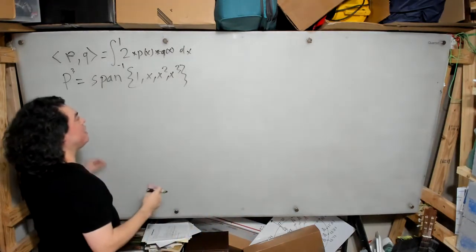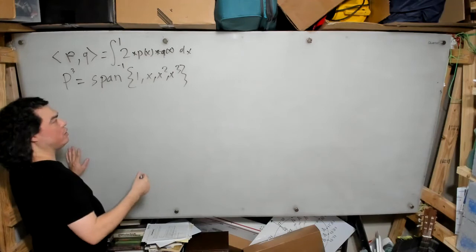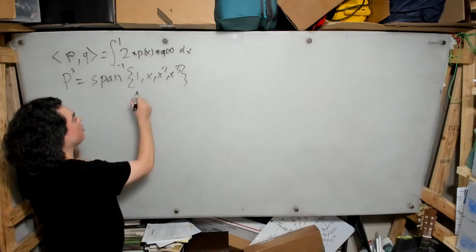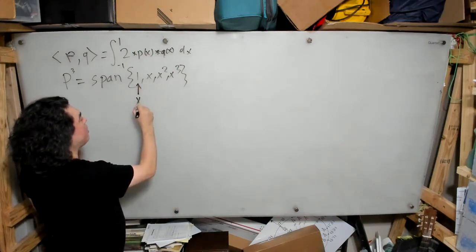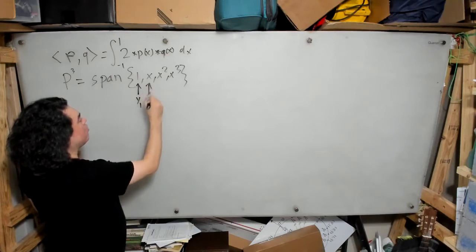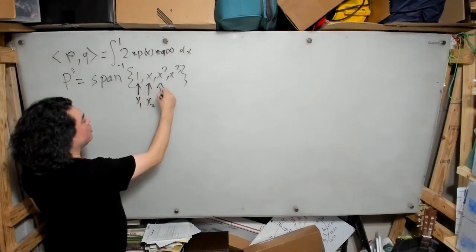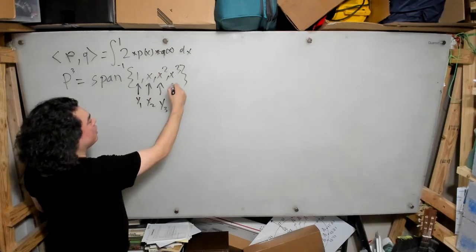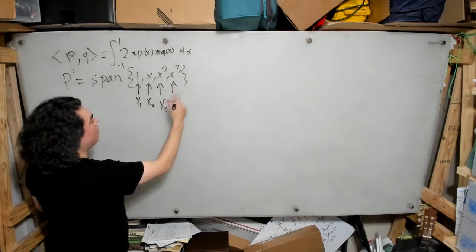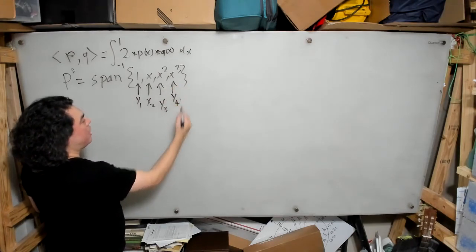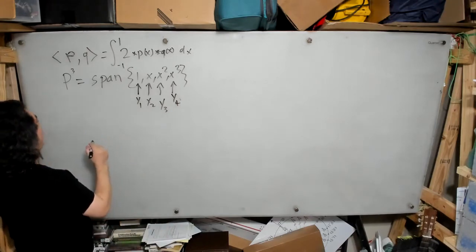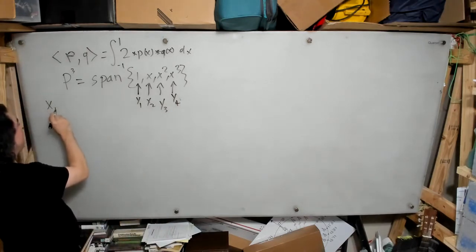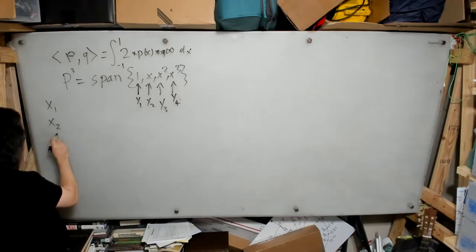For reasons that will later become clear, I'm going to use the following notation. I'm going to let this be my y1, this will be my y2, this will be my y3, this will be my y4, and my orthonormal basis I'm going to denote as x1, x2, x3, and x4.